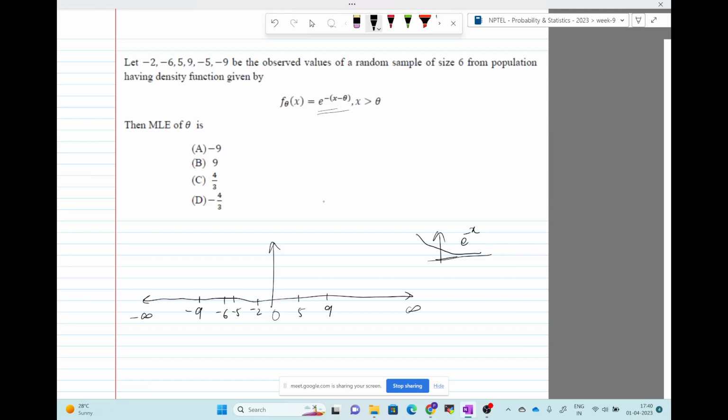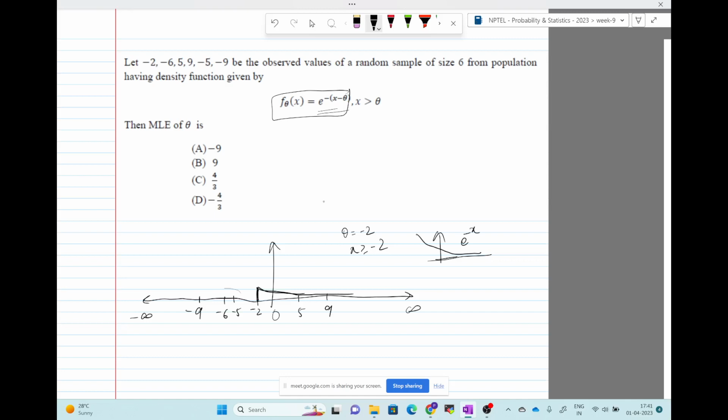If I choose theta equal to minus 2, that means this distribution is only defined for x greater than minus 2. For everything else it will be 0. So it is something like this, the distribution function, and everything else is 0.